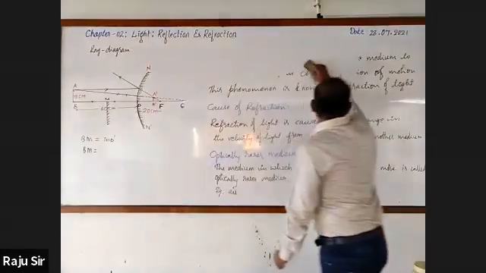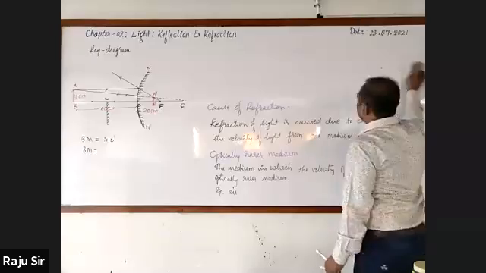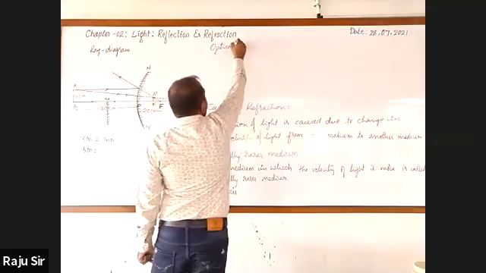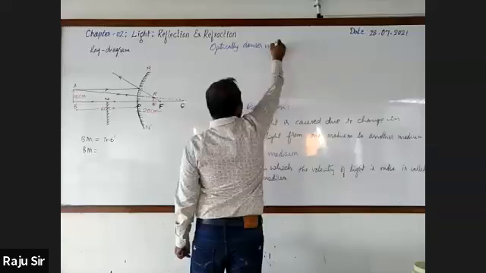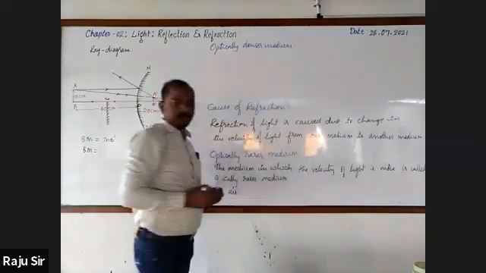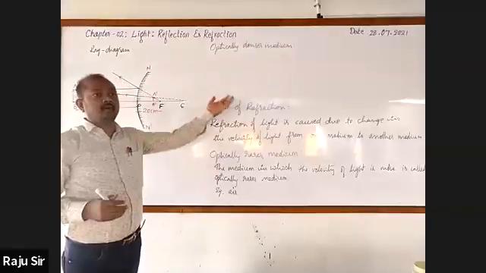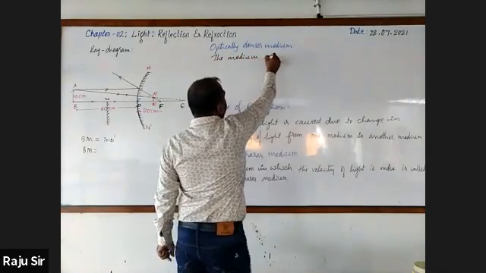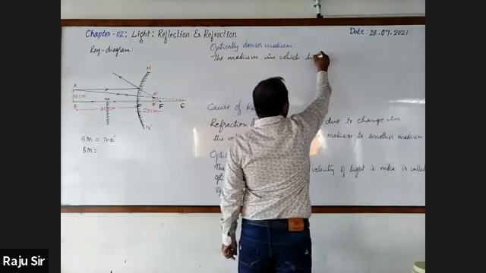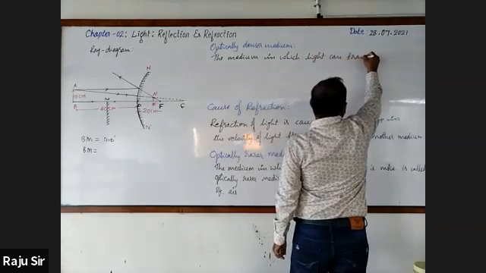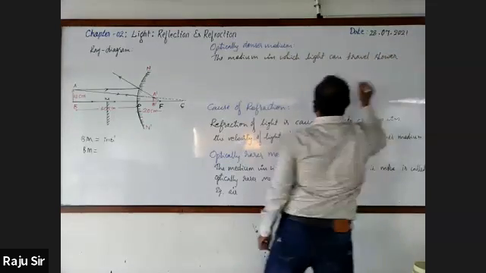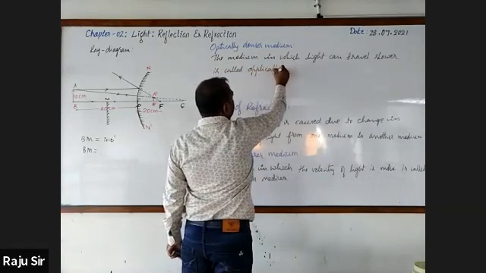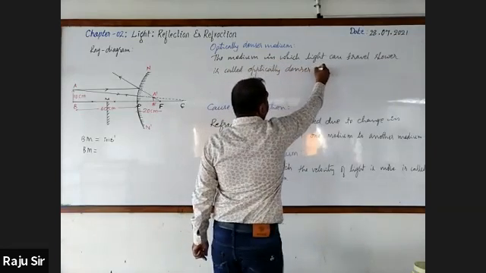Next, optically denser medium. The medium in which light can travel slow is called optically denser medium.